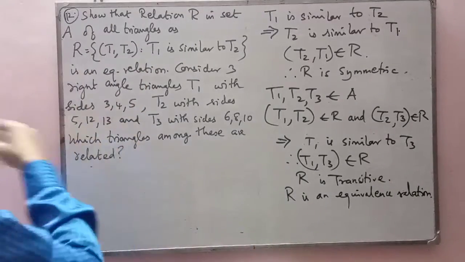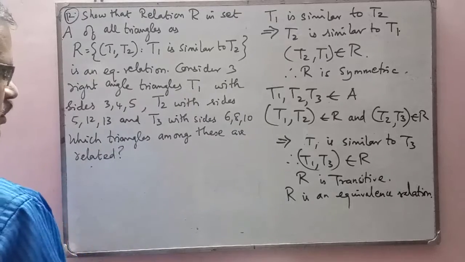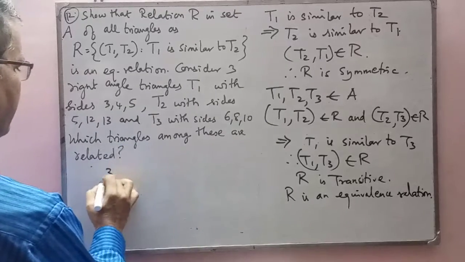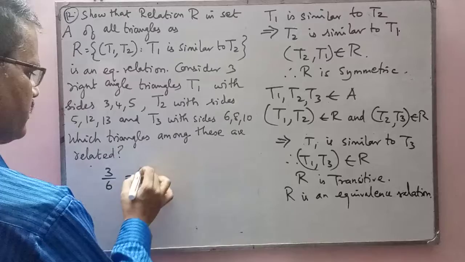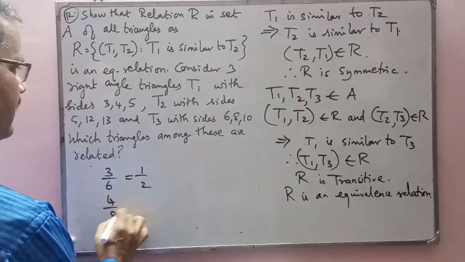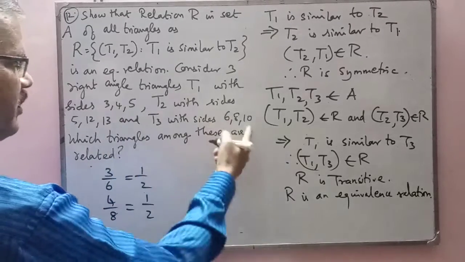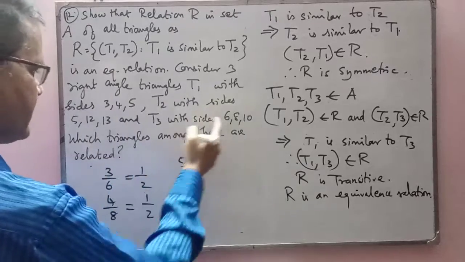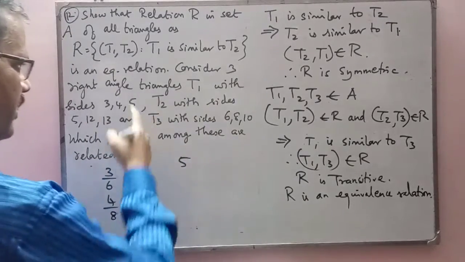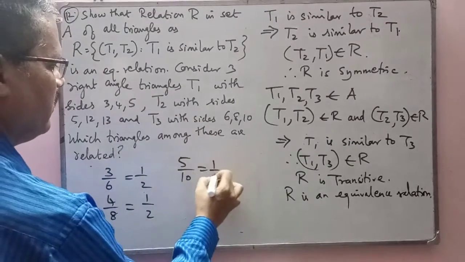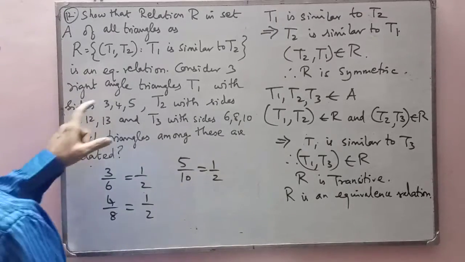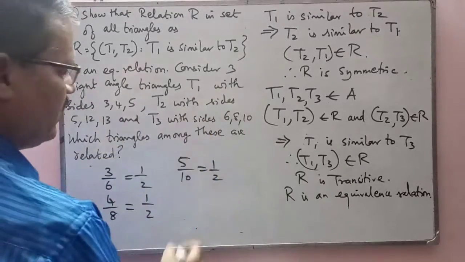Do you think 3 and 5, 4 and 12 are proportional? No, it is not possible. Whereas 3 by 6, yes, 1 by 2. What about 4 by 8? It is 1 by 2. And 5 by 10 is 1 by 2. I am taking 3 by 6, 4 by 8 and 5 by 10, all are 1 by 2. So they are proportional. Therefore, the sides of triangles T1 and T3 are proportional.